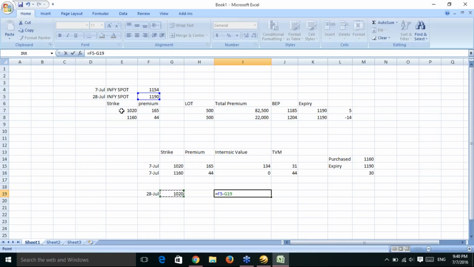When I'm buying, I'm paying premium, and when I'm selling, I will be receiving premium, and the difference will be my profit. So I'm recalling, when I am buying, I'll be paying a premium of 165, and I'll be receiving the premium on expiry, whatever premium is there, and the difference would be my profit.